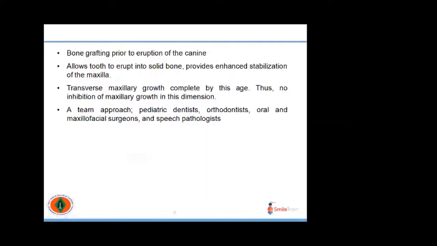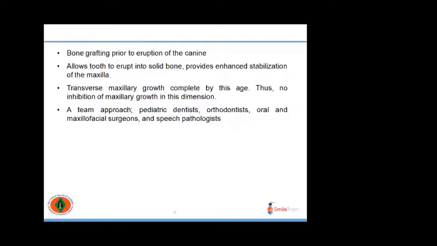When the teeth are about to erupt, we might have a good success, which helps in the stabilization of the maxilla. And by this age, between 7 to 12 years, transverse maxillary growth is complete, thus there is no inhibition of maxillary growth in this dimension.